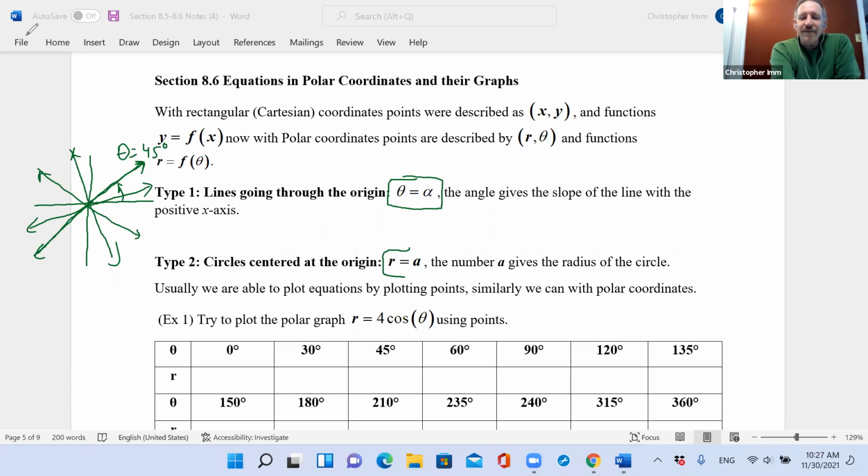When we have r is equal to something without a theta, that is going to give us a circle. Because in this case, let's say that we have r is equal to 2. That will give us the other grid line. So we know that r is equal to 2, and theta is free to sweep along however it wants to be.